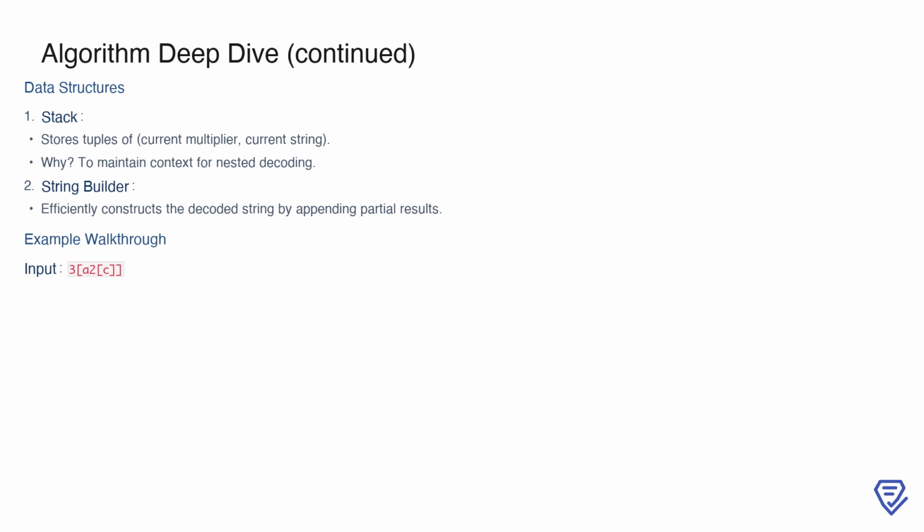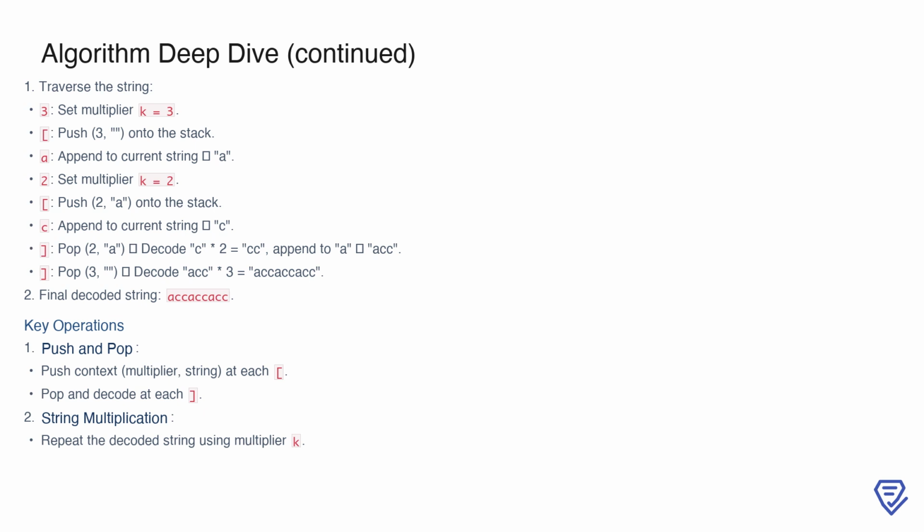Let's consider an example to see how this works in practice. Given the input string 3[A2[C]], we'll step through the decoding process to understand how these structures interact to produce the final result. We begin decoding the string 3[A2[C]] by traversing it character by character. First, we encounter the digit 3, so we set the multiplier k to 3.